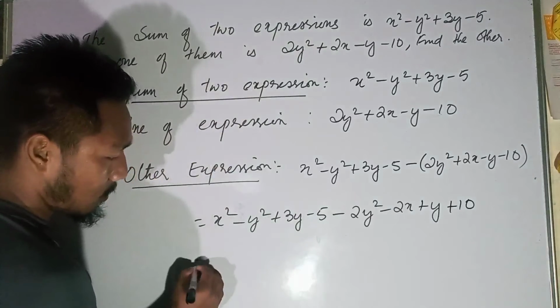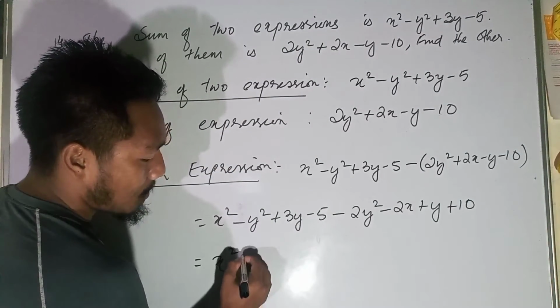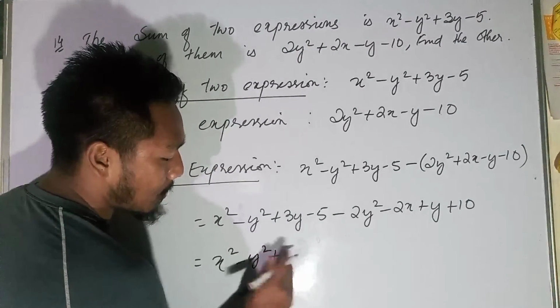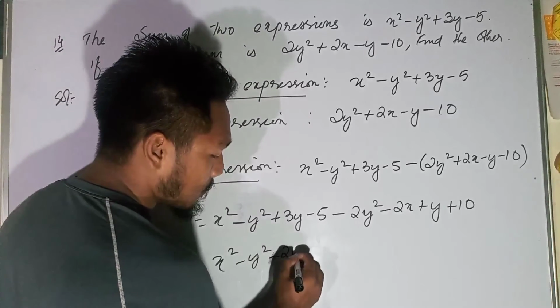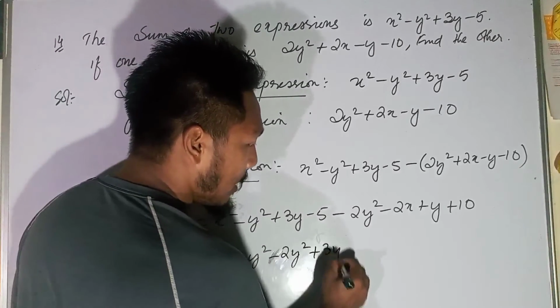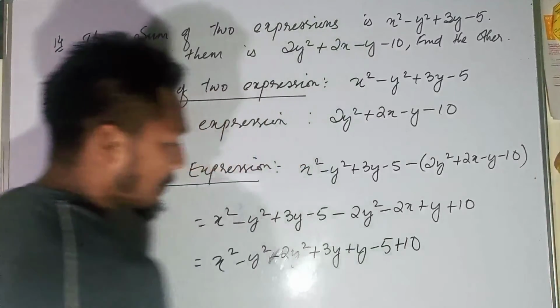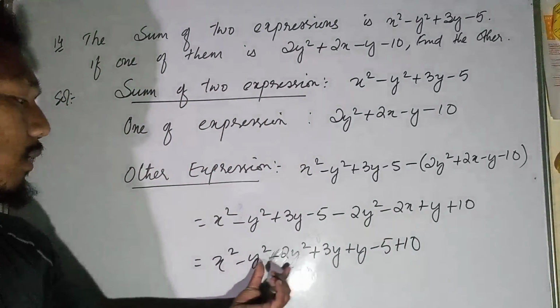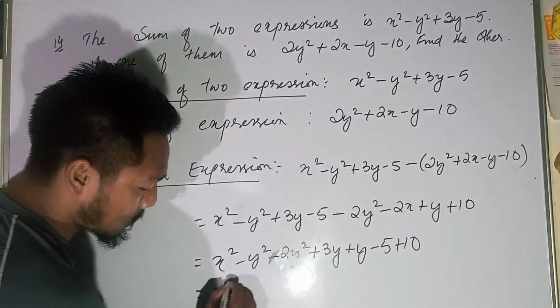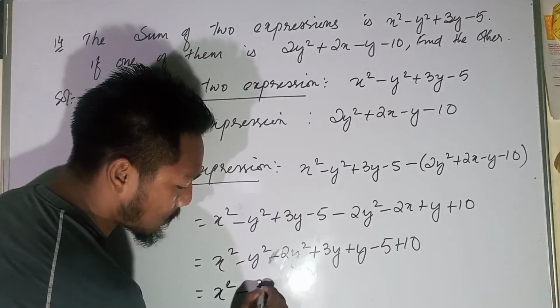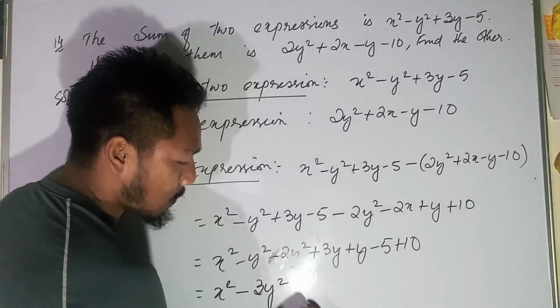In x squared we don't have any other x squared. Minus y squared minus 2y squared, plus 3y plus y, minus 5 plus 10. So x squared stays x squared. Minus 1 and minus 2 will become minus 3y squared.